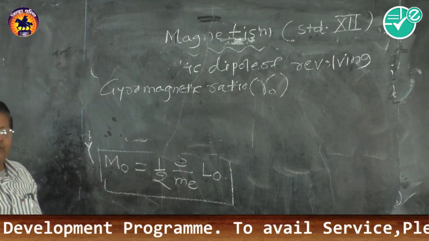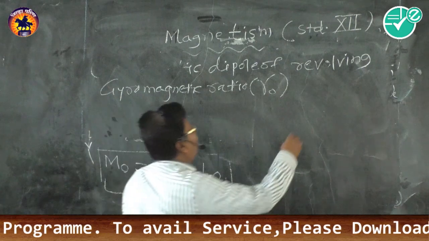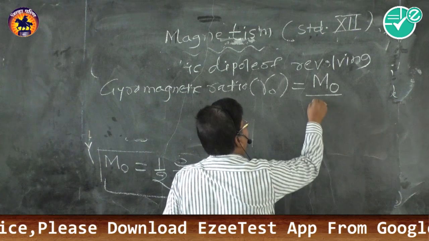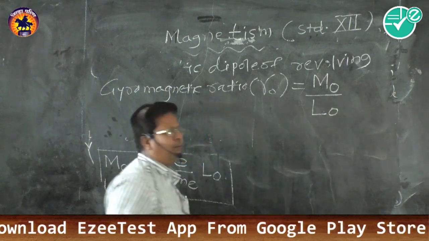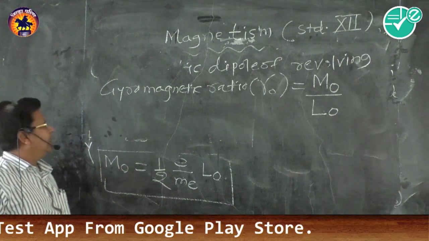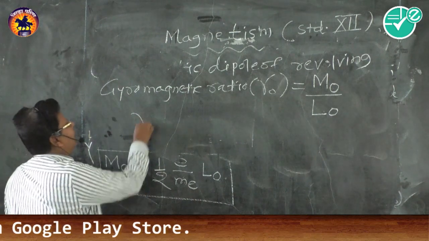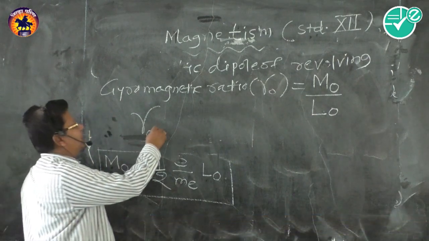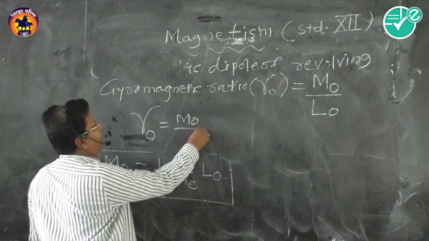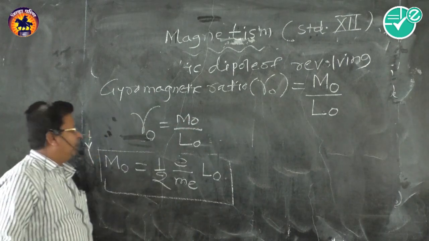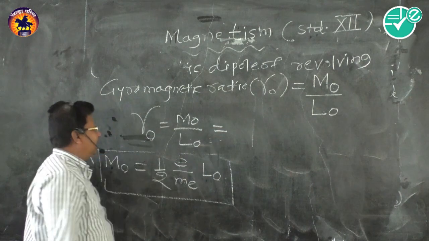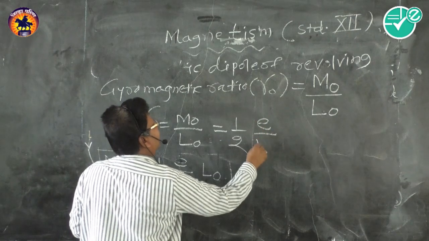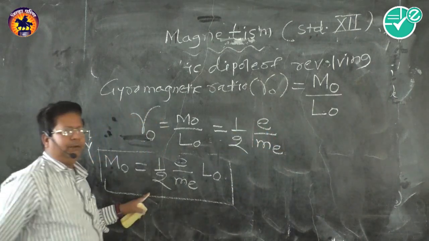This gyromagnetic ratio is the ratio of orbital magnetic dipole moment divided by angular momentum of the revolving electron, and therefore we write the gyromagnetic ratio gamma_O is equal to M_O divided by L_O is equal to 1 by 2 into e divided by m_e.